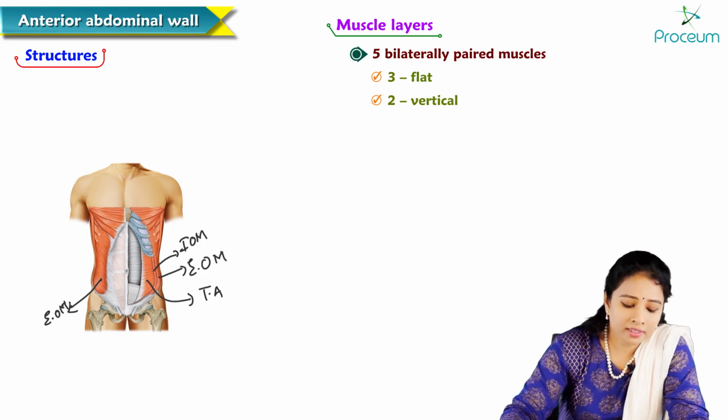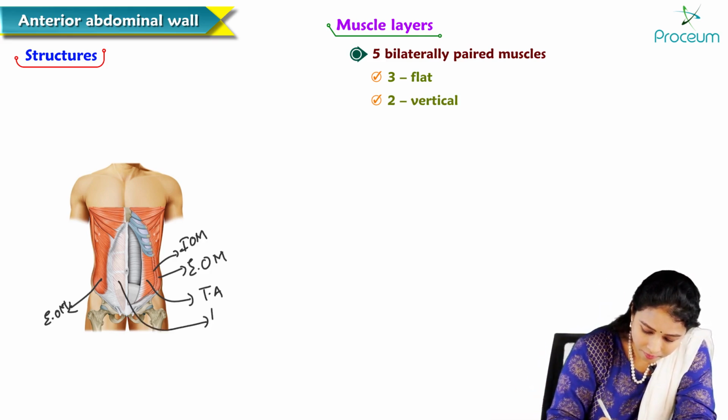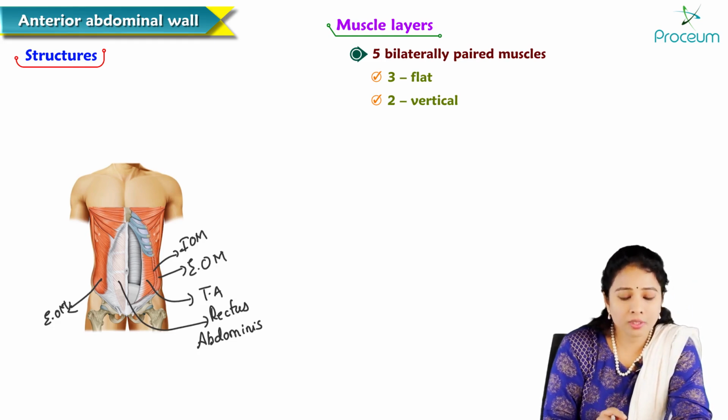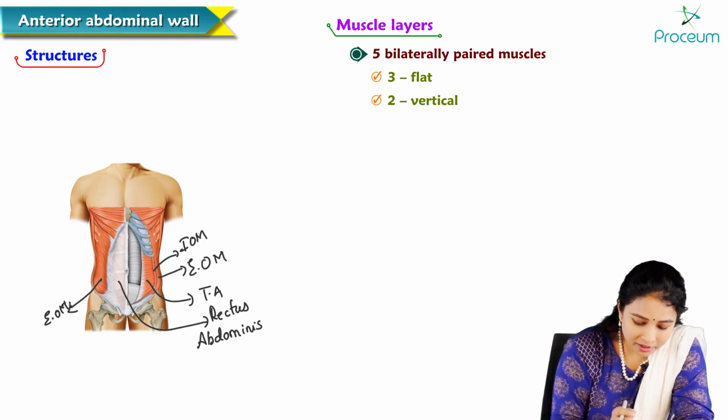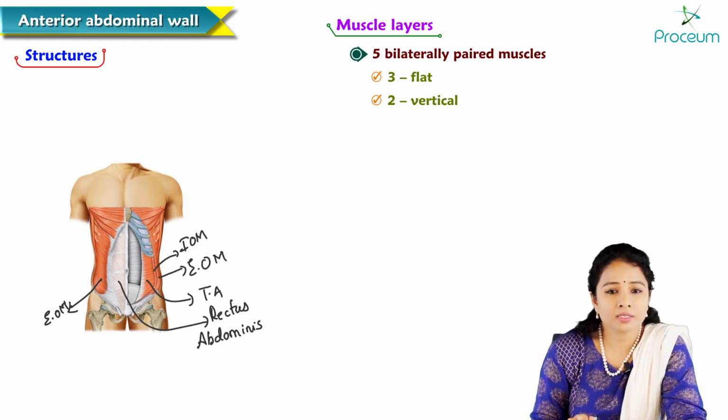So these are the 3 paired flat muscles, and the remaining 2 muscles are vertical muscles. They are the rectus abdominis muscle, which is covered by a sheath called the rectus sheath, and the pyramidalis muscle.